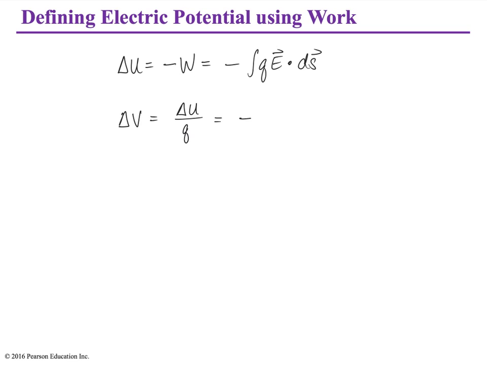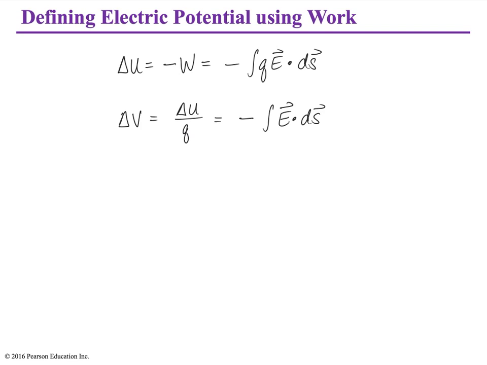So again, just to repeat what I had done, we found that the change in potential energy is equal to minus the work, which is equal to minus Q E dot ds. The change in potential is the change in potential energy over Q, which is equal to minus E dot ds.